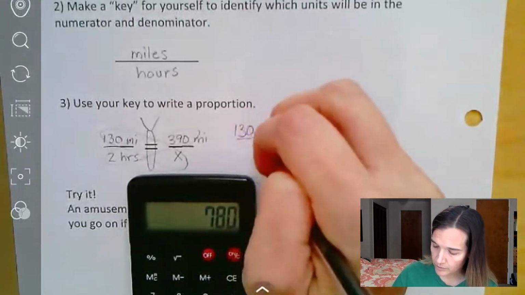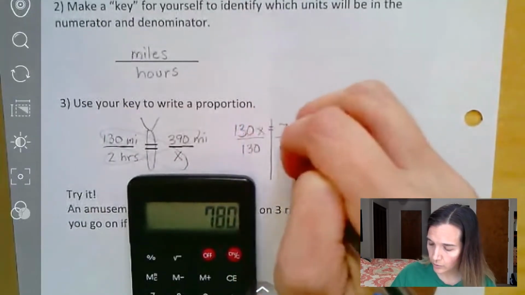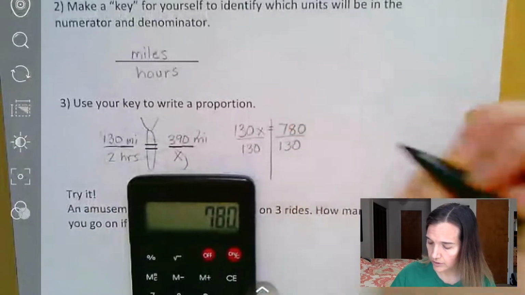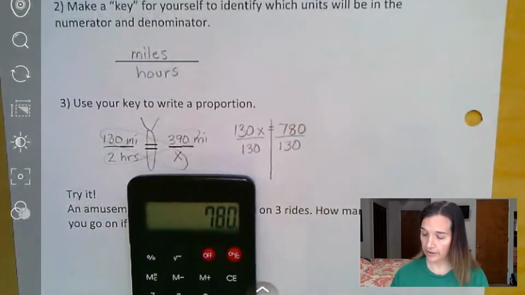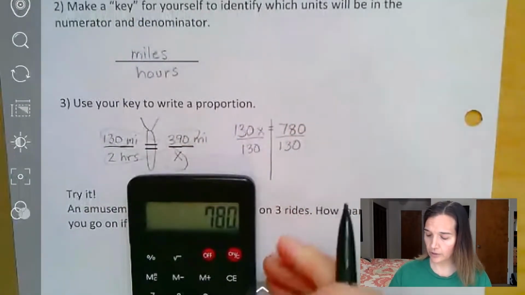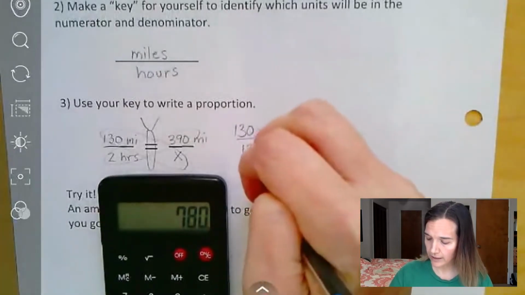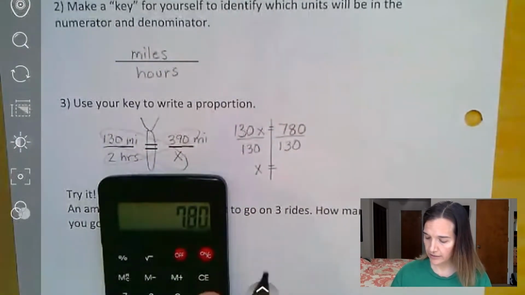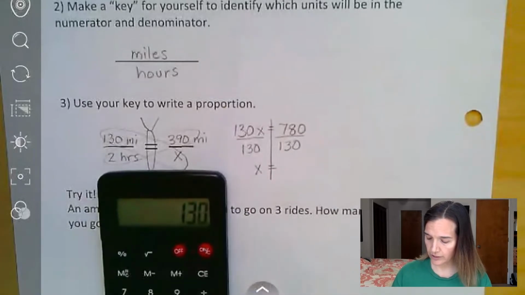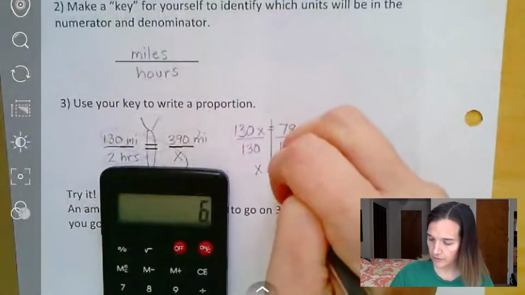So do the opposite of multiplying: divide. Whatever I do on one side, I have to do on the other. So now I have 130 divided by 130, that's my 1x. 780 divided by 130 gives you 6.